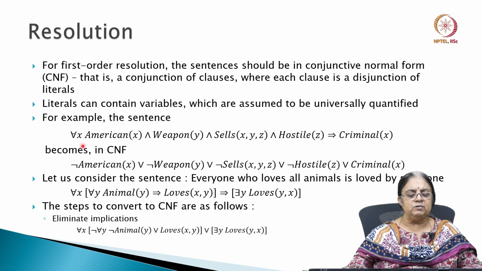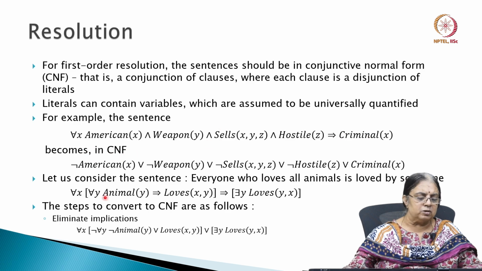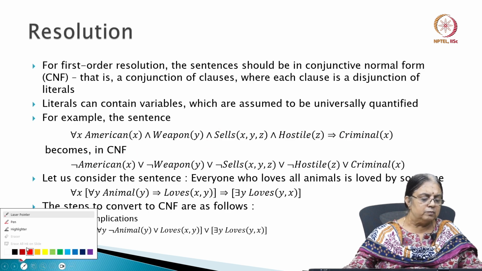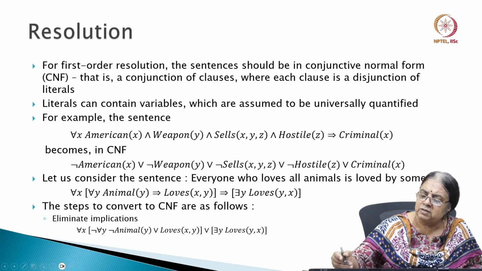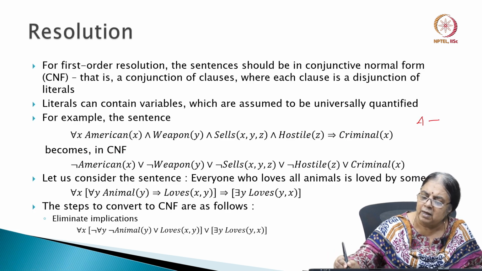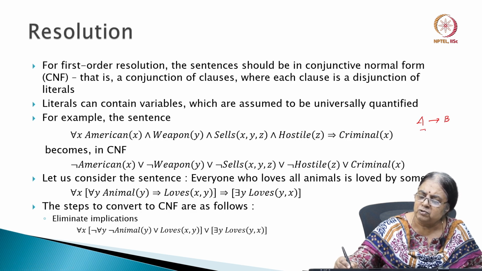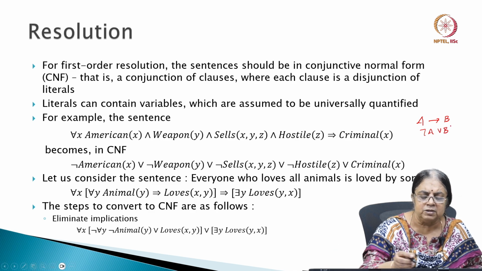For example, suppose we have a sentence: for all X, American X and weapon Y and sells X Y Z and hostile Z implies criminal X. What we need to do is, if you have something like A implies B, you have to get rid of this implication and put it as not A or B. So that's what is done here.